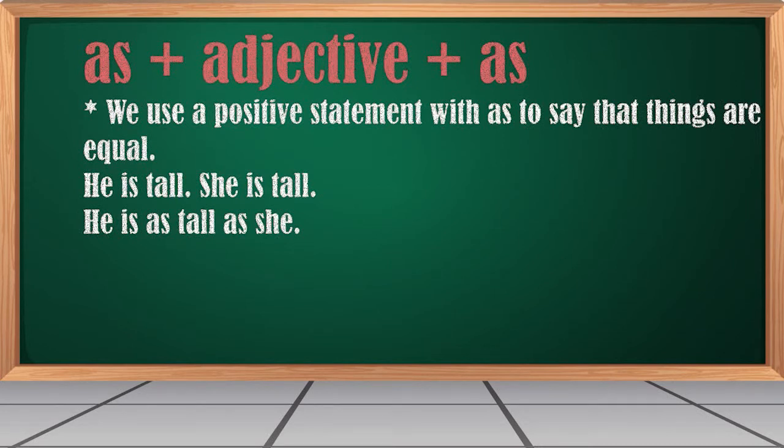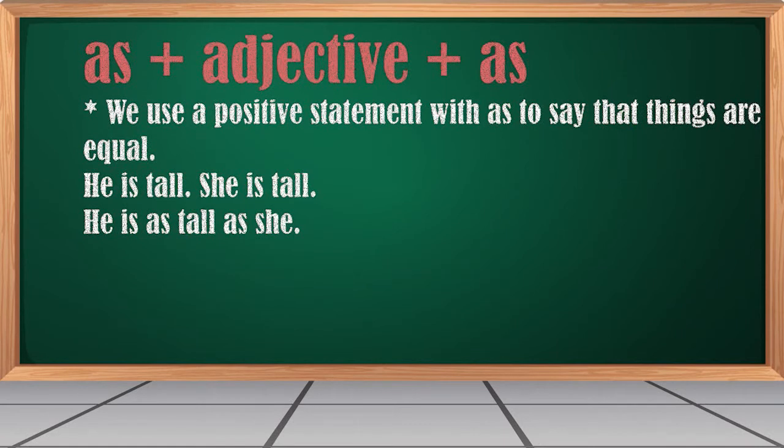For example, he is tall. She is tall. Look here. We have two sentences and we want to join them together to become one sentence using as. So we say he is as tall as she.